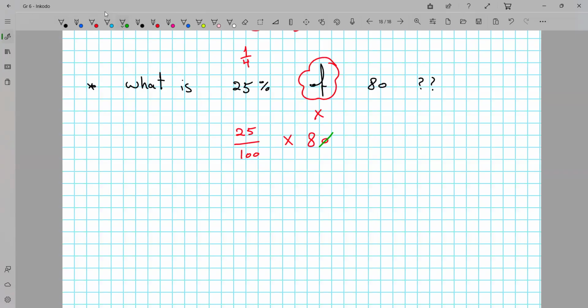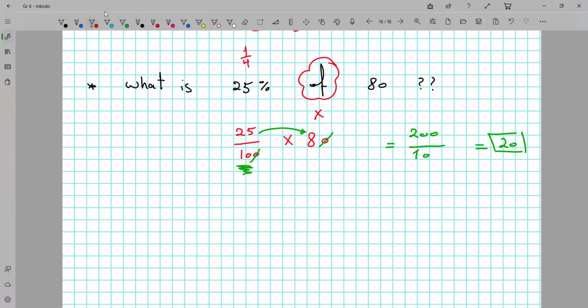Let's simplify, cancel the zeros as dividing by 10. So 25 multiplied by 8 equals 200. 200 divided by 10, that is down, it will be 20, as we said before. So what percent simply can be gotten by multiplication.